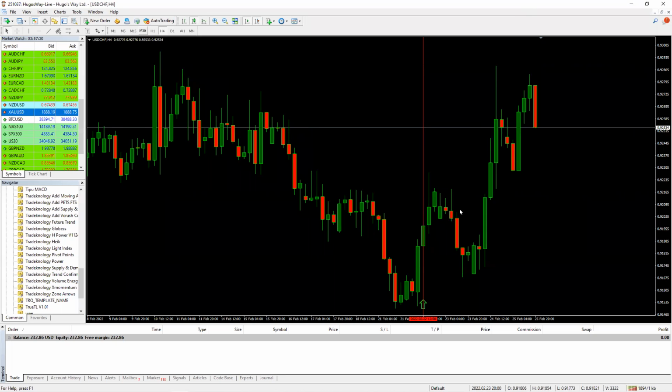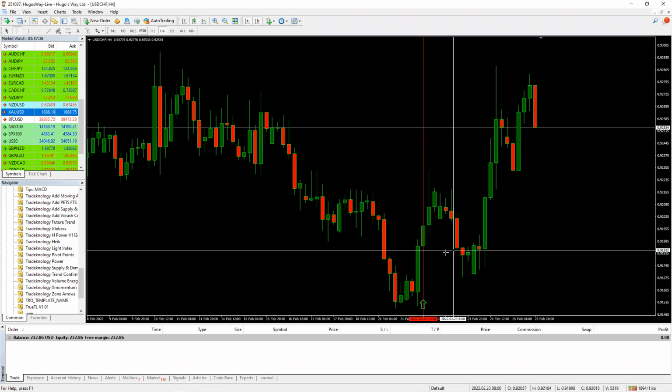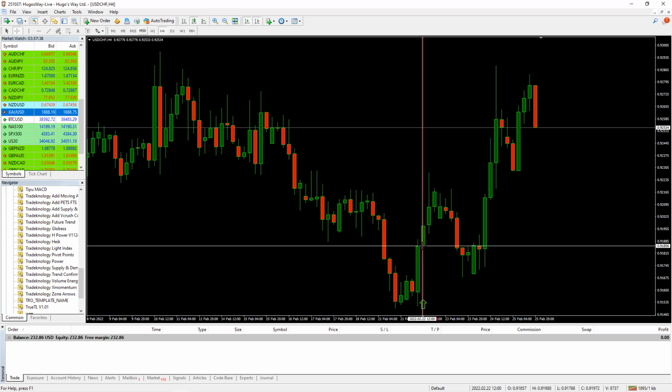So if you measure from the moment it showed up, from here to here, that's 103 pips. It's a lot of money, folks. At a standard lot, that's $1,030.